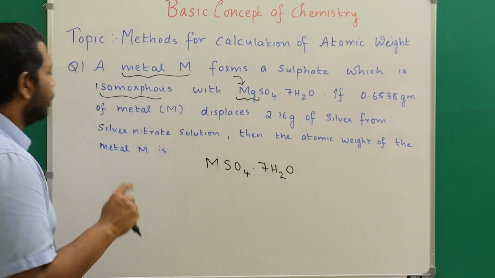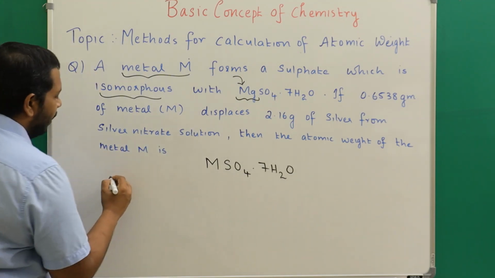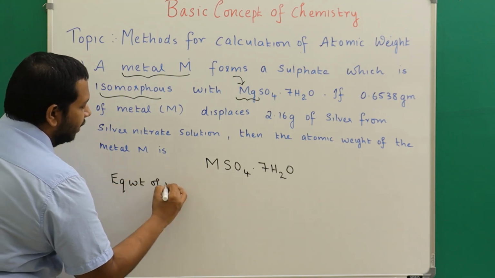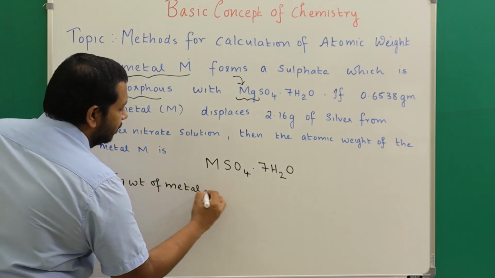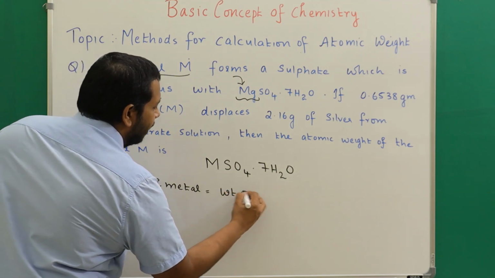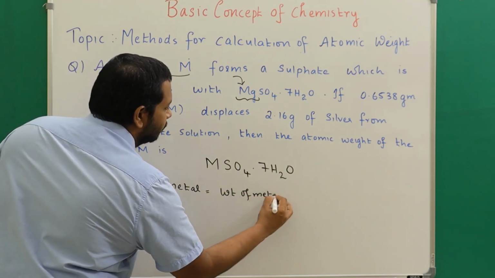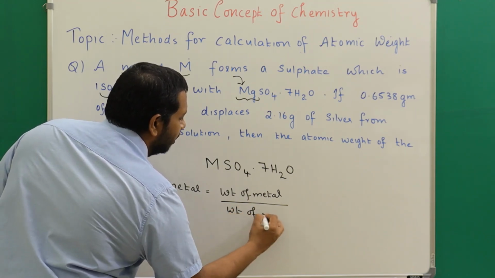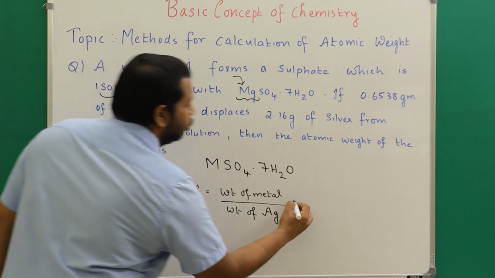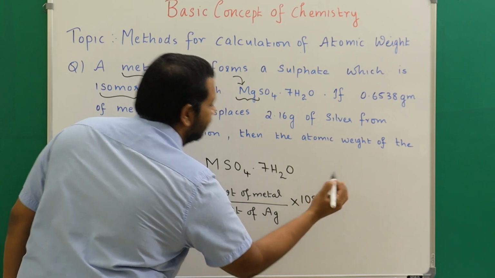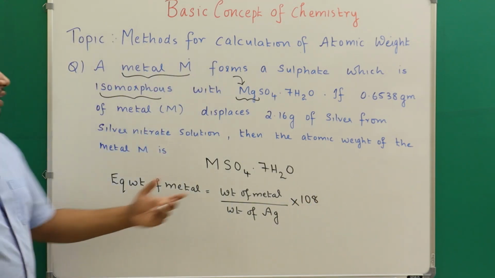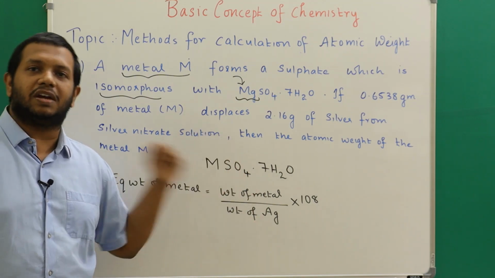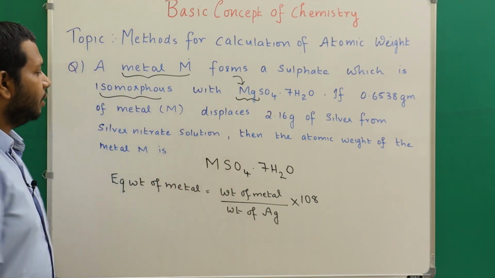Let's see. We know that the equivalent weight of the metal is equal to, we have learned this, weight of the metal divided by weight of the silver, weight of the Ag, into 108. This we have learned in the experimental determination of equivalent weight. In that section we have learned this formula. So the weight of the metal is how much?